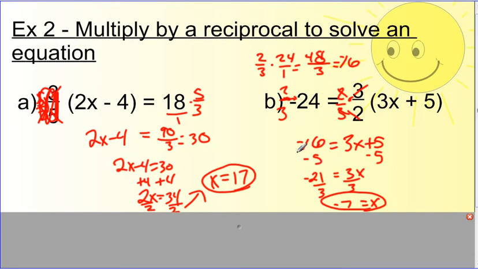The reason why this is negative, for those who don't see, is because this was a negative 24. So when we took the 2/3 times a negative 24, a positive times a negative should give us a negative answer. I just didn't carry my sign through.